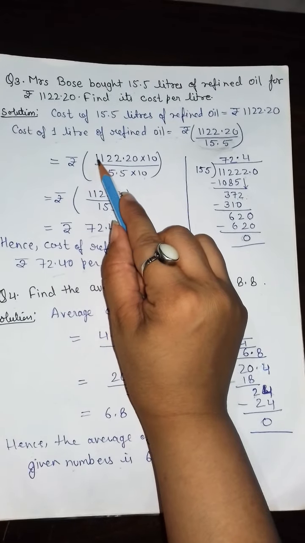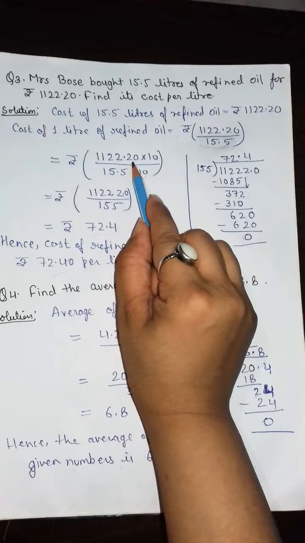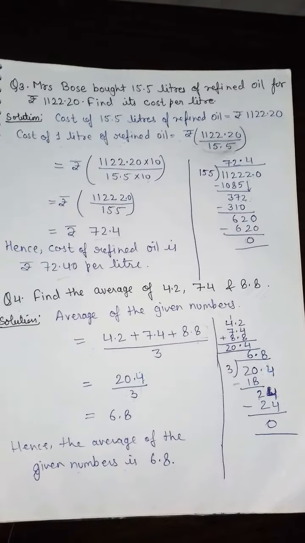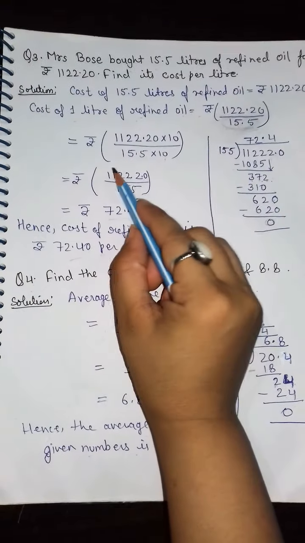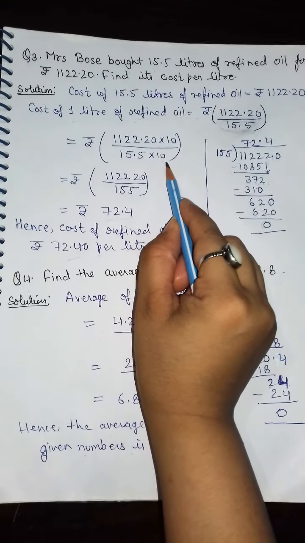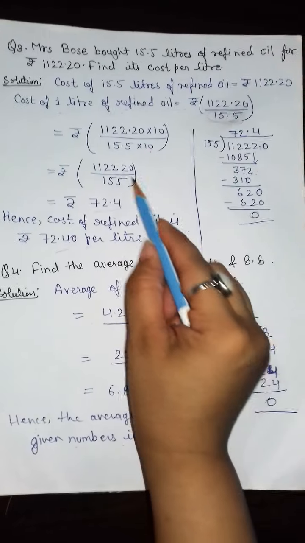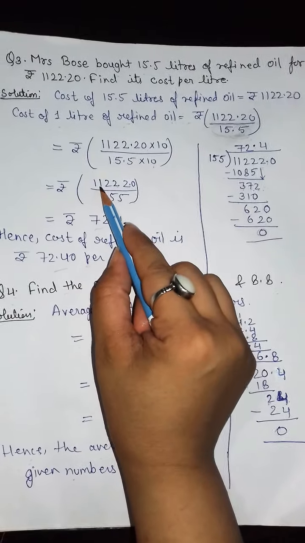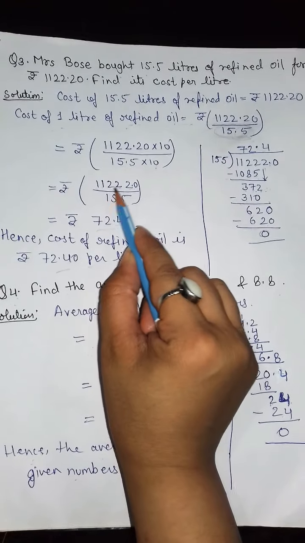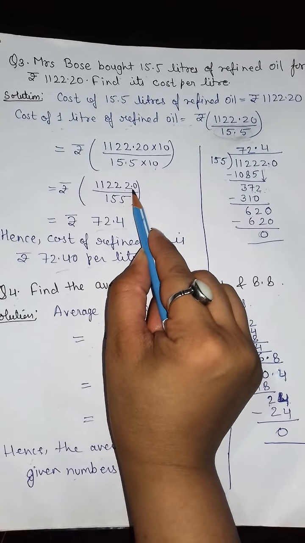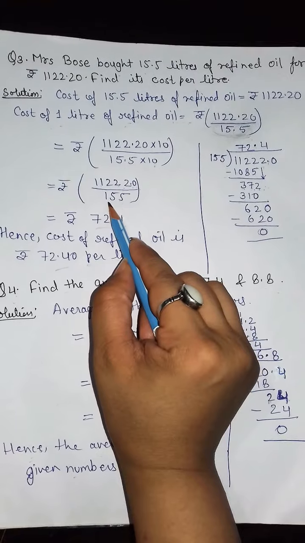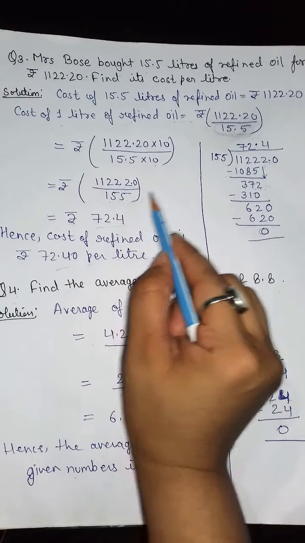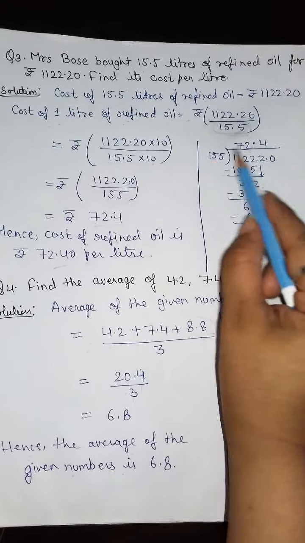So here 1122.20 multiplied by 10 upon 15.5 into 10. Next, 11,222.0 upon 155.